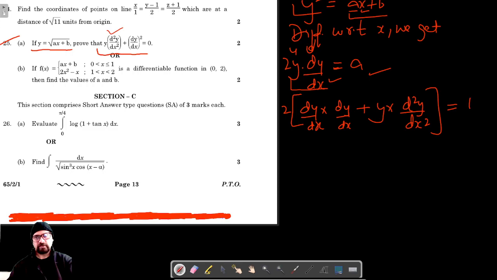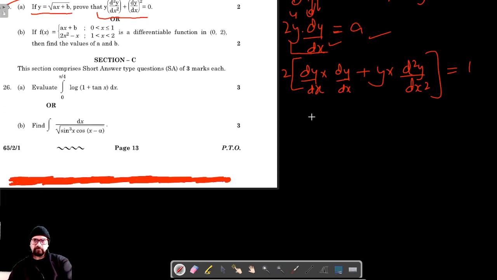The differentiation of a constant is 0, so this is 0. Now 2 when shifted to this side is also 0.